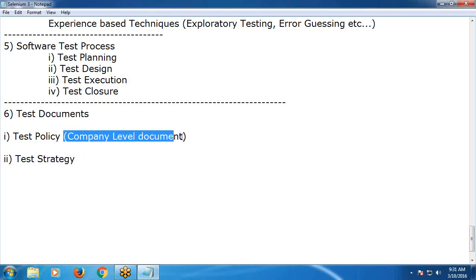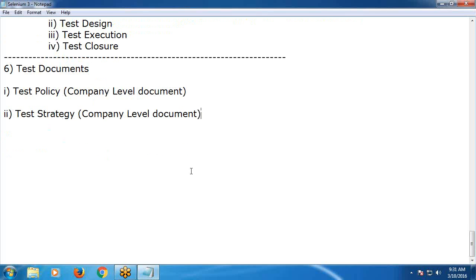See, test policy is company level. Test strategy is also company level. Observe, Sunil. There is only one policy for any company, but strategies one or more. For example, in our company 20 projects are running: 5 banking projects, 5 ERP projects, 5 telecom projects, etc. Suppose one strategy for banking applications, one strategy for ERP applications.